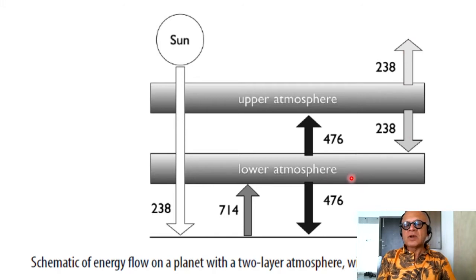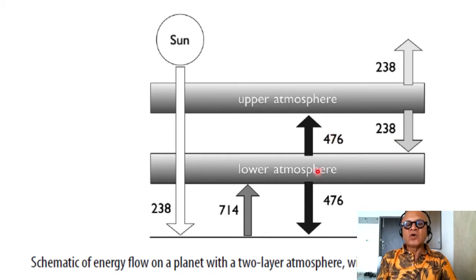Again, assume that the lower atmosphere is completely opaque to this downwelling long wave radiation. So it is going to receive 238 from the surface and 238 from above. So it's going to reach a temperature which has to get rid of 476 watts per meter squared.